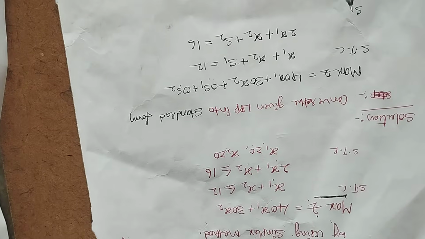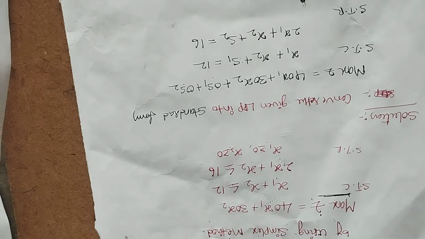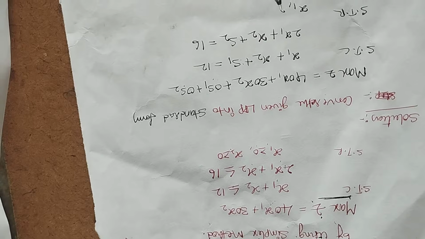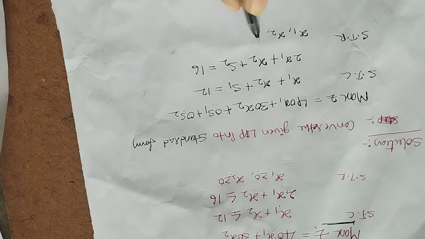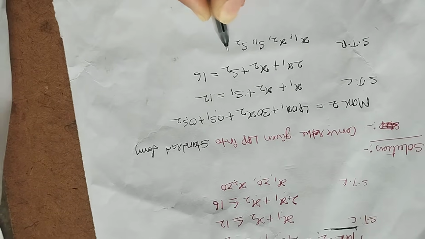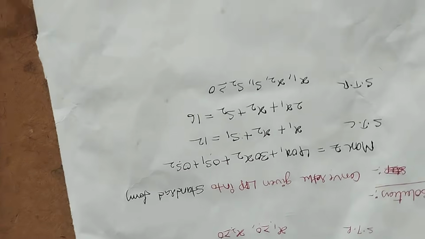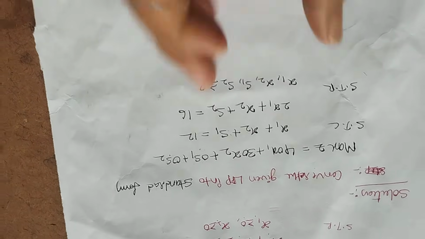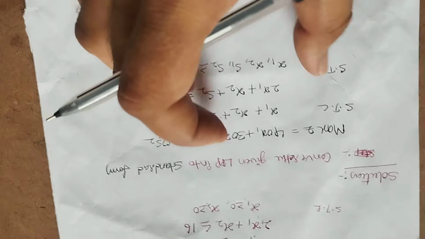Now the subject restrictions are x1, x2, s1, s2 greater than or equal to 0. Finally, this is how we have converted the inequality equations into standard form.